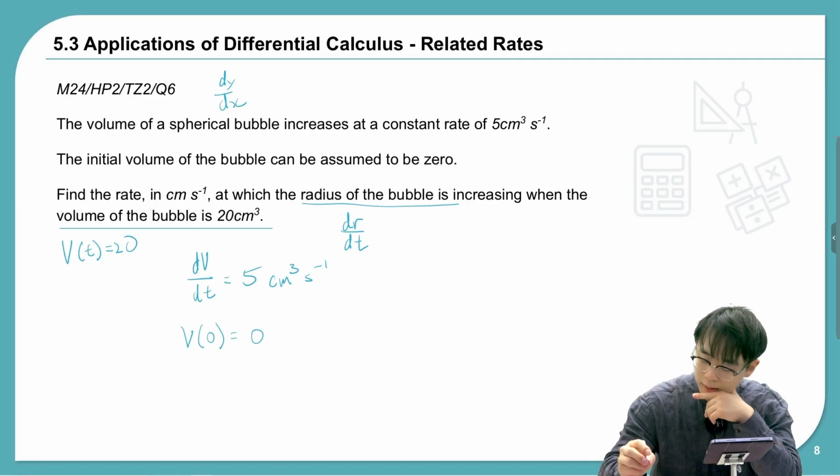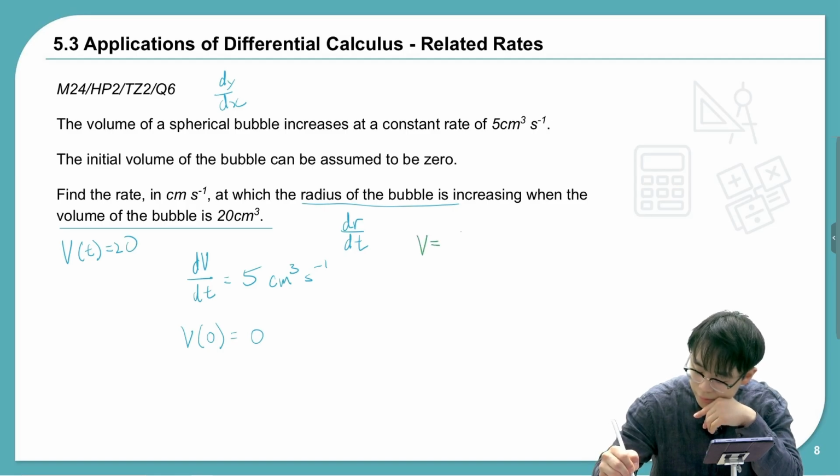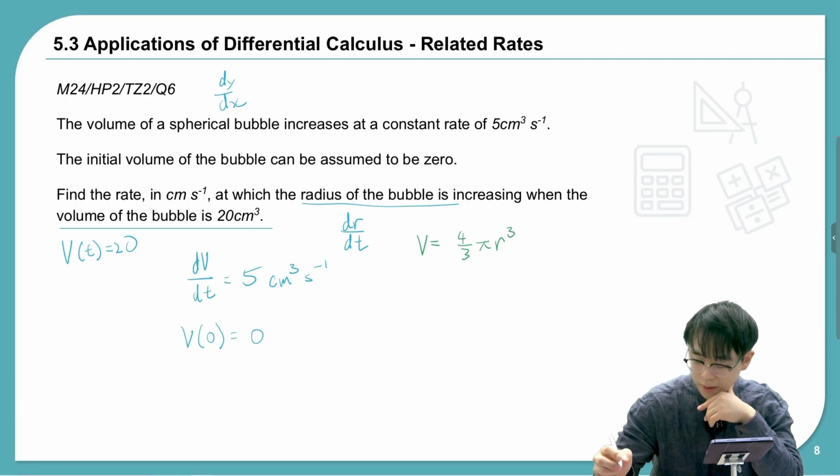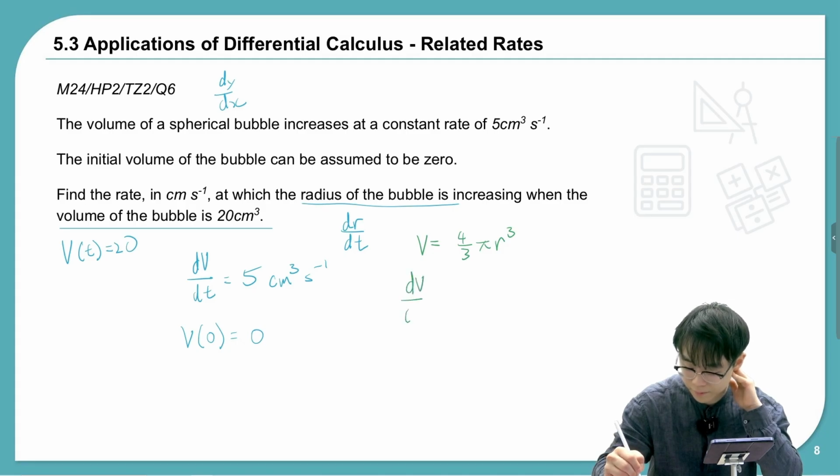The volume of a sphere is 4 over 3 pi r cubed. If you differentiate this with respect to the radius, dV over dr would be 4 pi r squared.